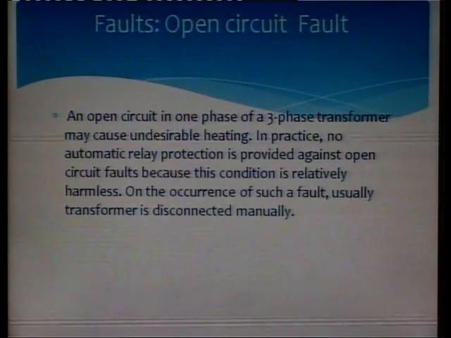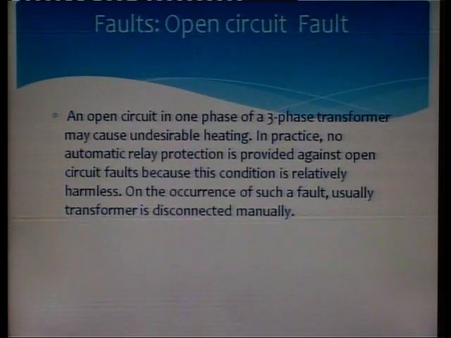The first is open circuit. An open circuit in one phase of a three-phase transformer may cause undesirable heating. That is, when one of the three phases of a transformer gets open, undesirable heating can occur.